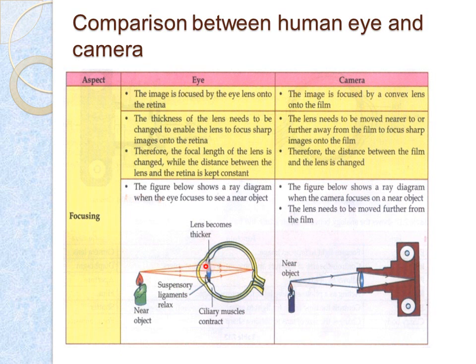Whereas in the eye, the lens becomes thicker with the contraction and relaxation of the ciliary muscles. The ciliary muscles contract and the suspensory ligaments relax to make the lens of the eye thicker, and thus it is focused here. So this is the comparison between the human eye and camera. Now let us see what is in the next slide for us.